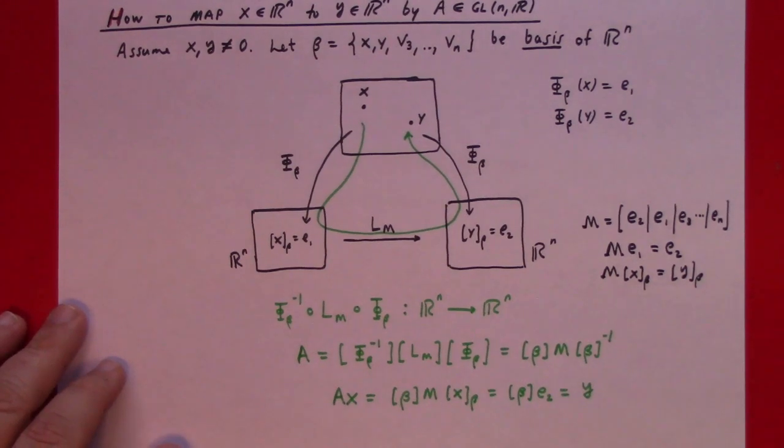So I just make A equal to the product of the standard matrix of the coordinate map inverse, the left multiplication by M, and the standard matrix of the coordinate map.